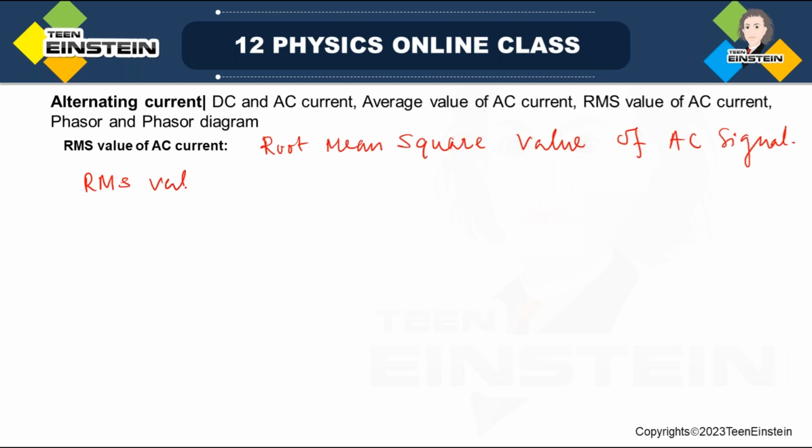The RMS value of an AC signal is defined as the equivalent direct current.